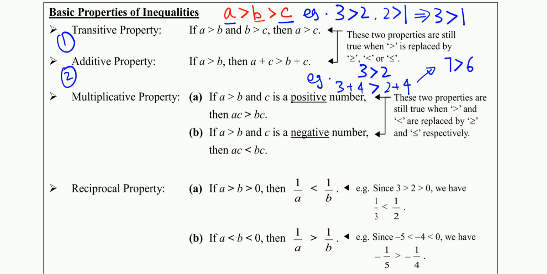And for multiplication, that may be a little bit difficult. When multiplying by a positive number, the sign remains unchanged. So let me give you an example here. We know 3 is greater than 2, but if we multiply both sides by -1, oh, I made it wrong.